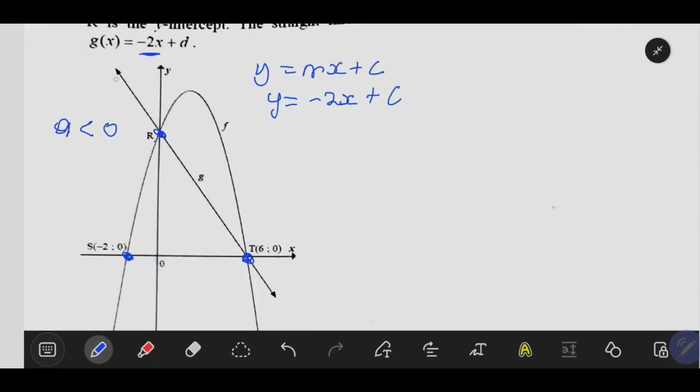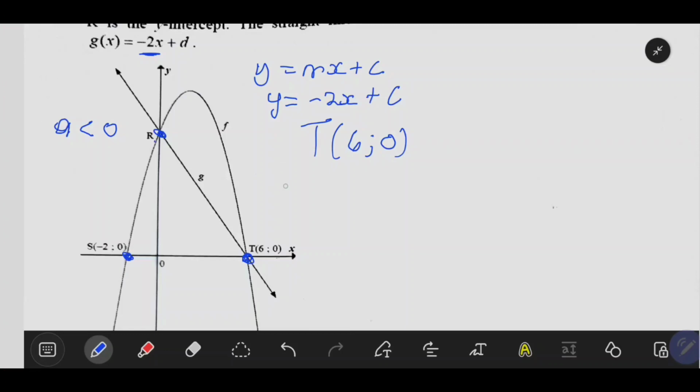So from the straight line graph, we can observe that the only coordinates we have are the coordinates of t, which is (6, 0). So we're going to substitute these coordinates into this equation, meaning that when we see x, we put 6. When we see y, we put 0.